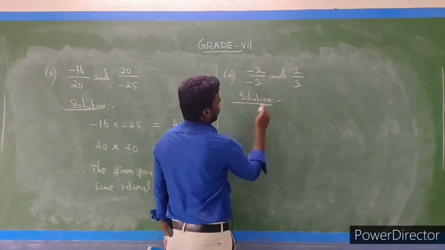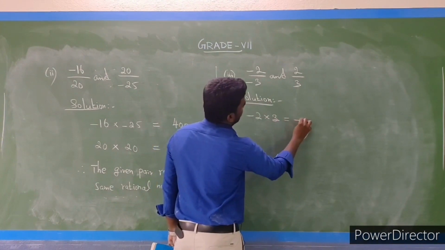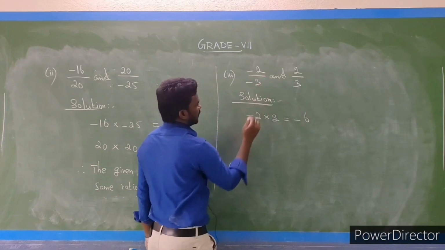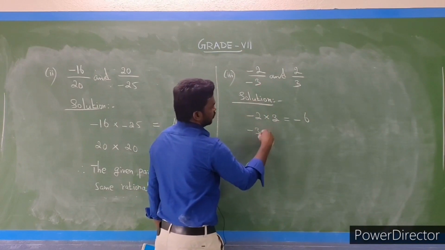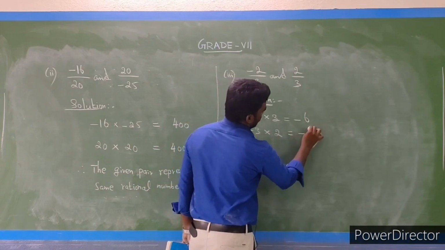Minus 2 into 3, the value is minus 6. Next, the denominator of the first number into the numerator of the second number, minus 3 into 2. What is the value? Minus 6.